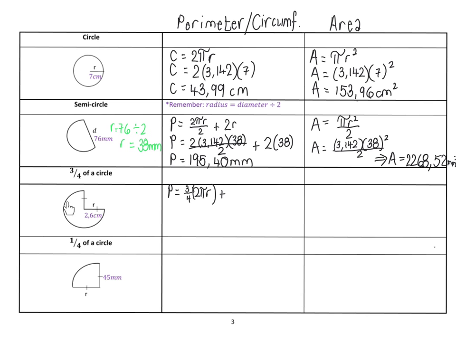So that's just that part. But if we want to fully close this shape, we have to add in that radius and that radius. Therefore, plus 2 radii.